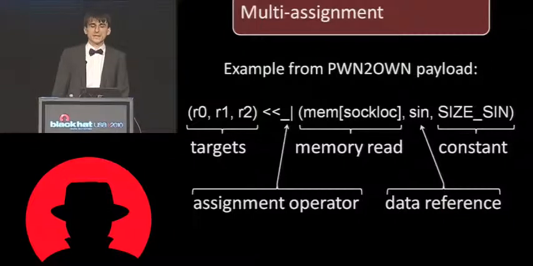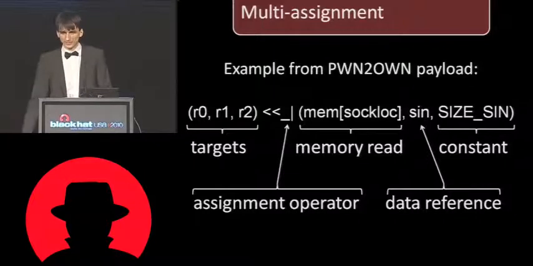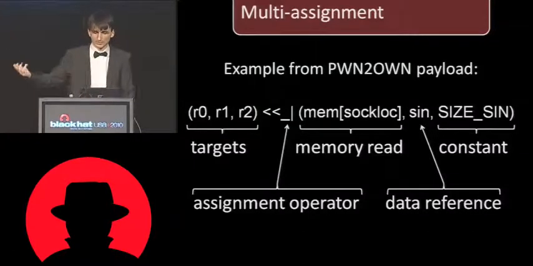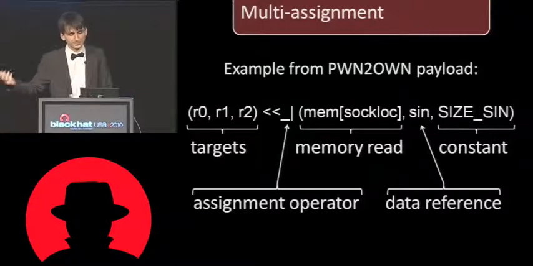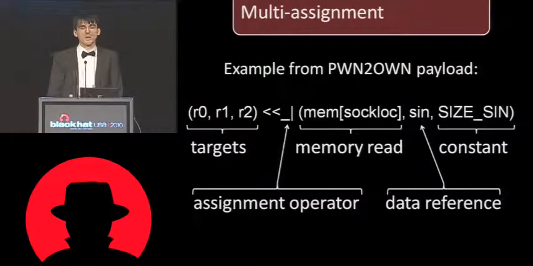So what you do there is you have 3 target registers, R0 to R2, that will be assigned, first, a star pointer. So you do a memory read here. You read the memory at the address socklock, where you previously stored the file descriptor for the socket that you opened.